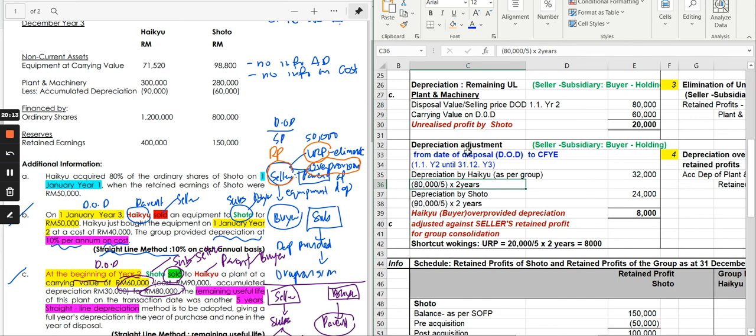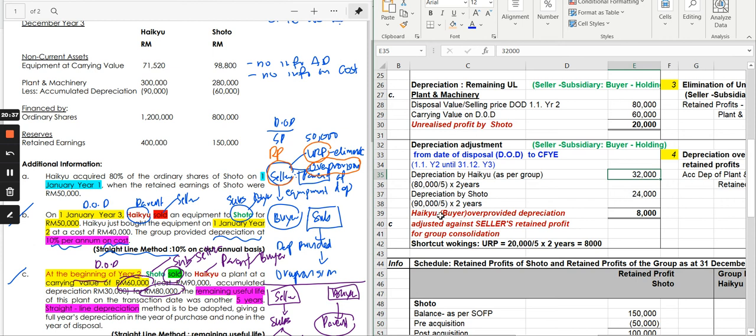We need to remove the depreciation, so we first find the depreciation charged by the buyer and the depreciation provided by the seller. 24,000 should be the depreciation. However, the buyer has been providing it at 32,000.